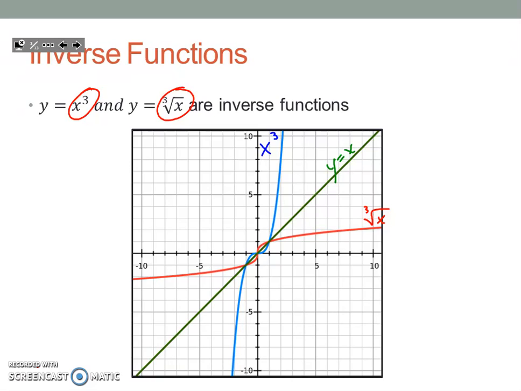Okay? Now, something else that we talked about was when we're finding inverses, you're going to be switching your x and y values, right? So let's look at some points that we know. If you remember graphing our cube function, we've got the point 0, 0, we've got the point 1, 1, and then we've got the point 2, 8. So I can graph this point here, and I know that that is 2, 8. Well, when I graph my cube root function, I've got the point 0, 0, I've got the point 1, 1, and I've got the point 8, 2.